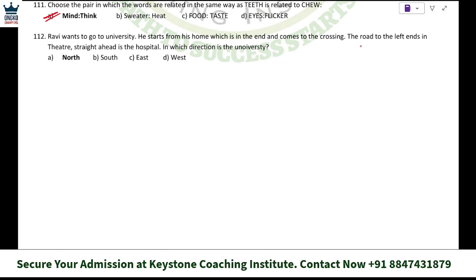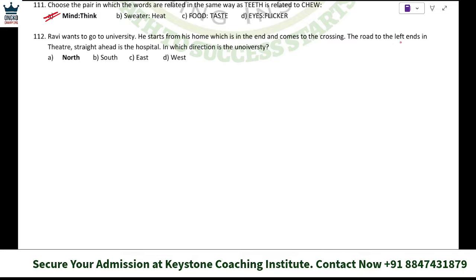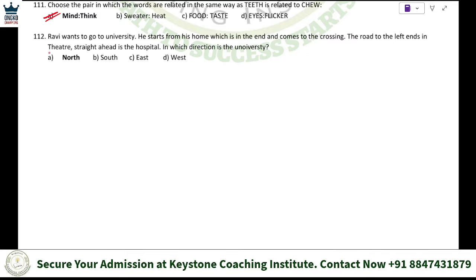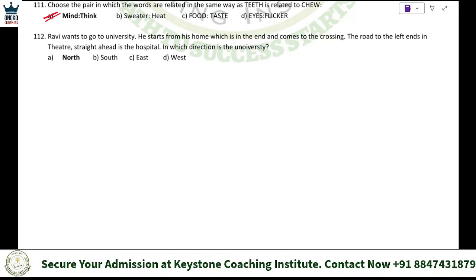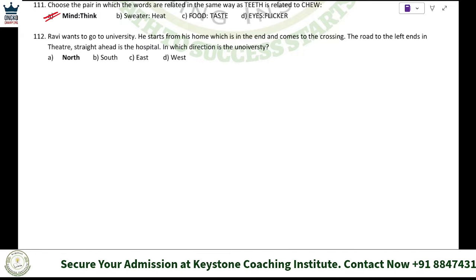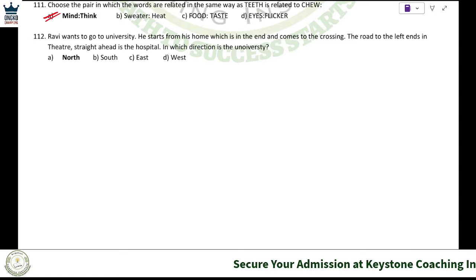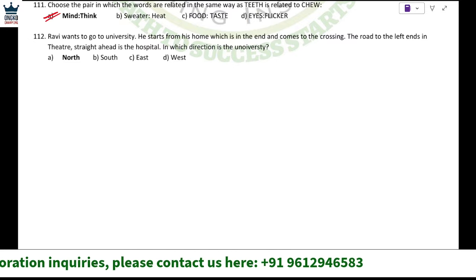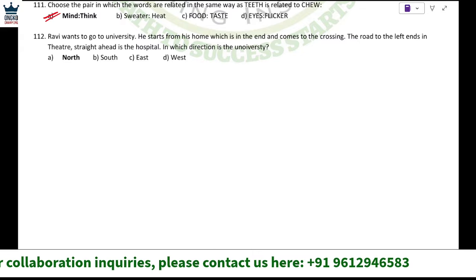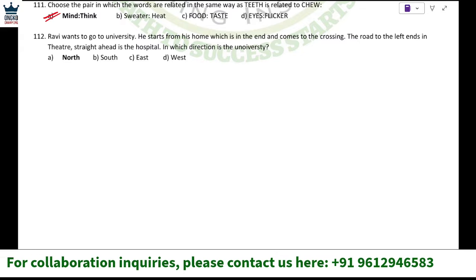The road to the left and in the other straight ahead is the hospital. Down below, in which direction is this, they're asking us to find the university. This is the university, a typing mistake.